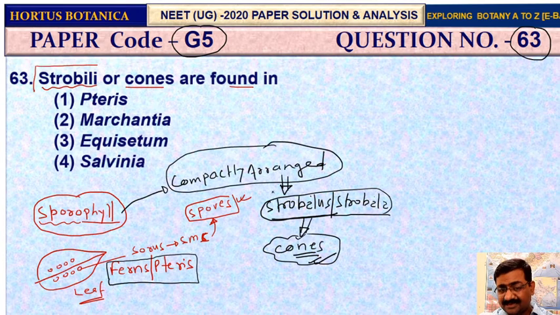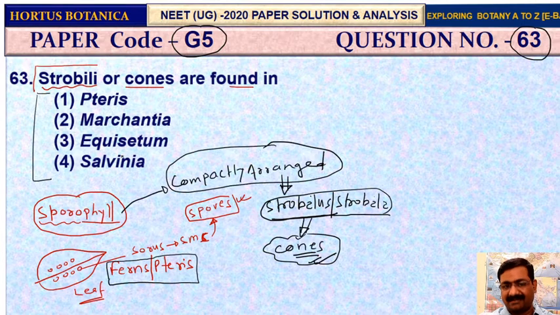Is it clear? So what you have to find? You have to find that out of these four options, in which of these four plants these sporophylls are compactly arranged, compactly found, right? So what happened? I just told you, there will be sporophylls, so strobili will be there. So this is wrong. This is Marchantia.